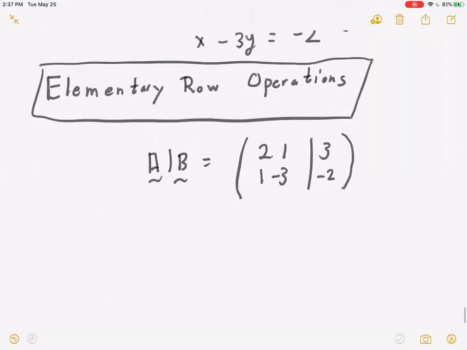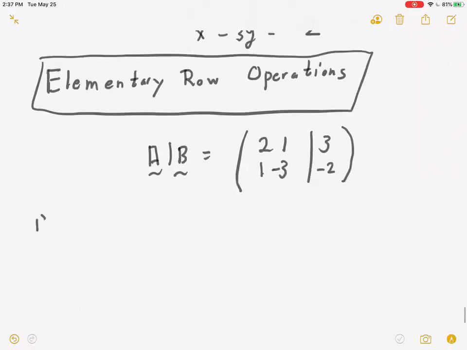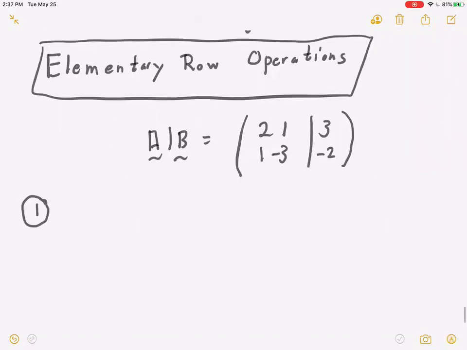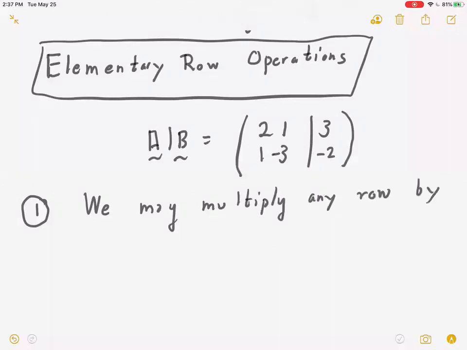Okay, so there are 3 elementary row operations that we will define. And so let's talk about them as follows. First one is we can multiply any row by a non-zero constant.